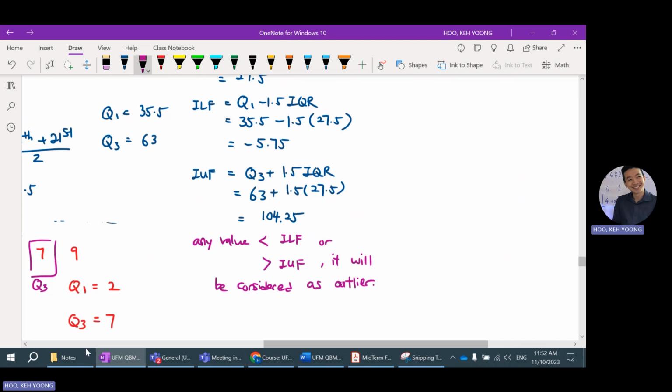If you have any value smaller than negative 5.75 or larger than 104.25, then it will be considered an outlier.